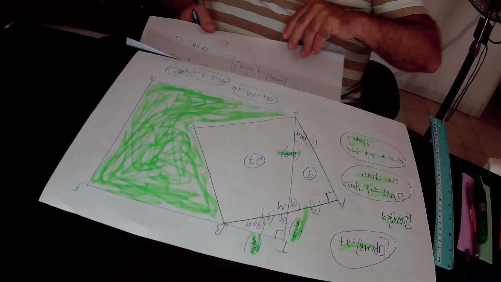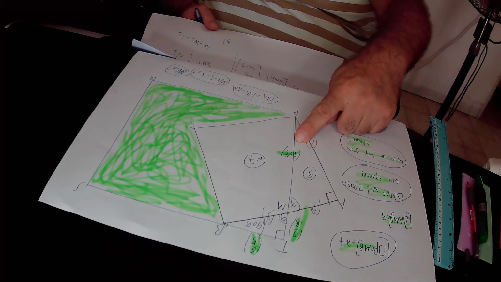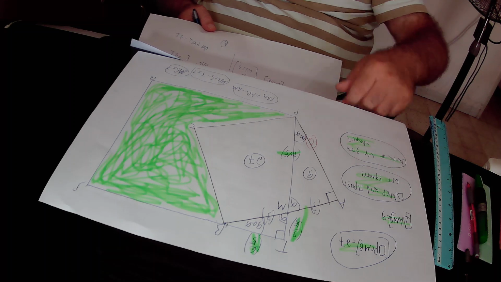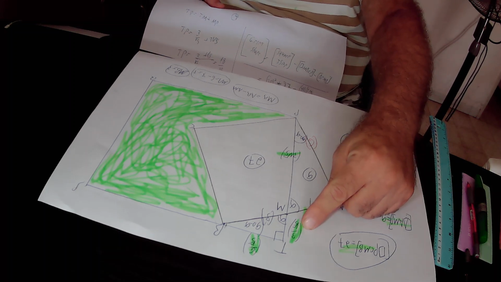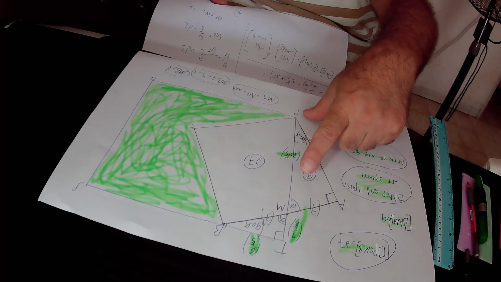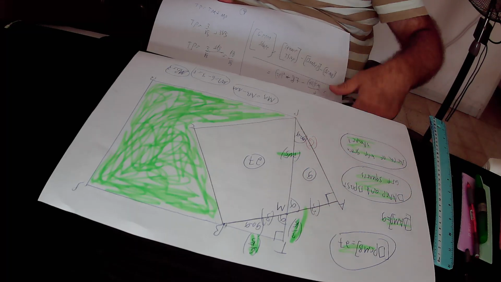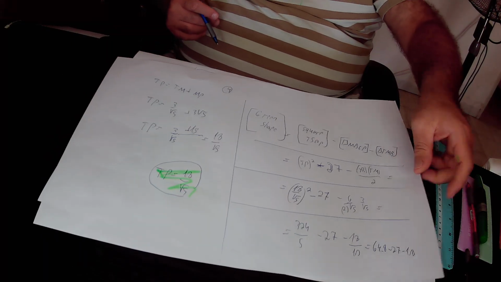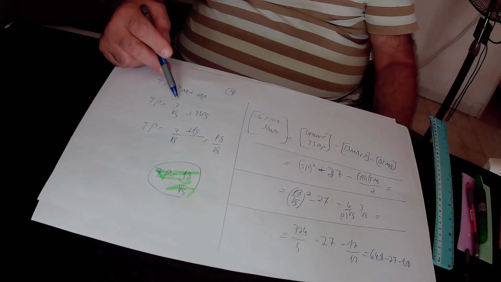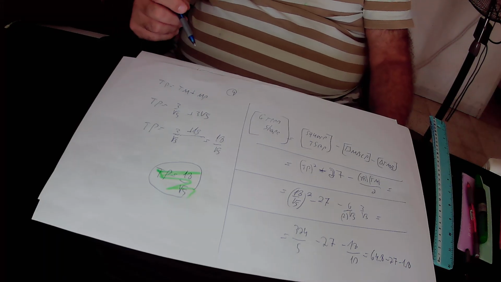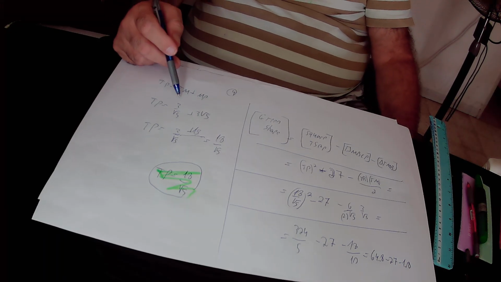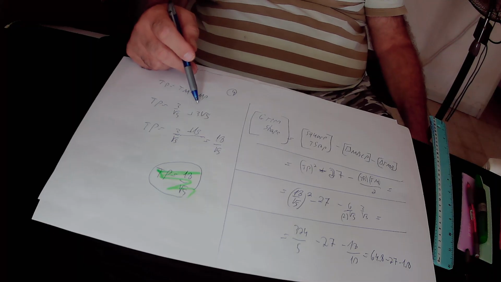TM equals 3 over square root of 5, and MP equals 3 times square root of 5. So in total, TP equals 3 over square root of 5 plus 3 times square root of 5.